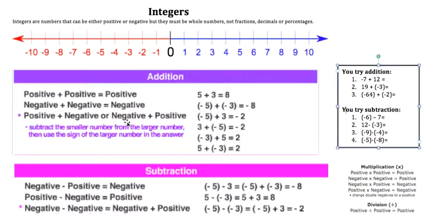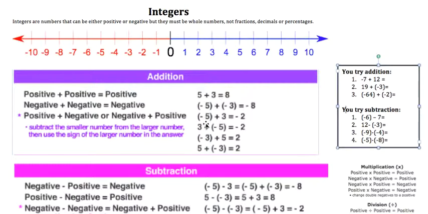Now this part is the tricky part. If you have a positive and negative, or a negative and a positive, what I do straight away is ask which one between them is the bigger number.